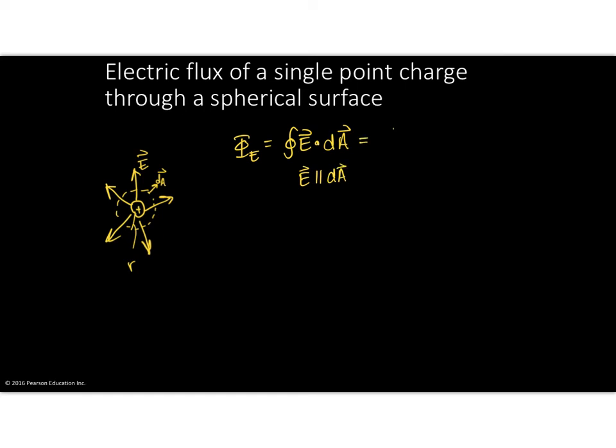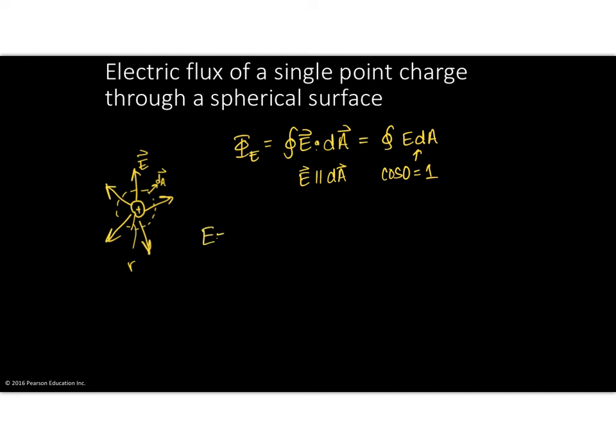And so what that means is I can change this dot product into just a multiplication of two scalars, because implicitly what we're saying is the dot product is equal to E times dA times the cosine of the angle between them, but we're talking about the cosine of 0, which is just equal to 1, and that's how we get this value.